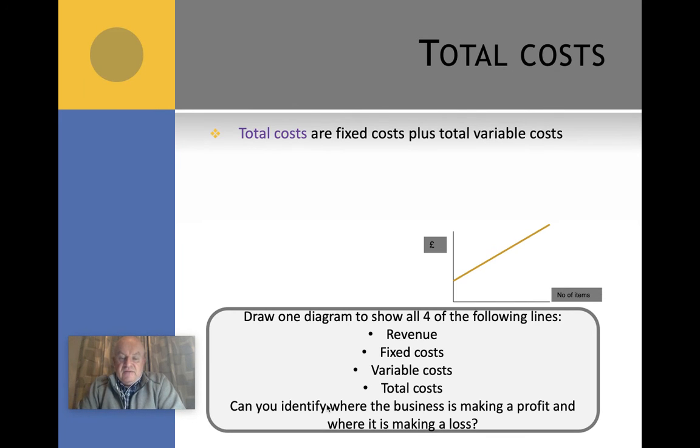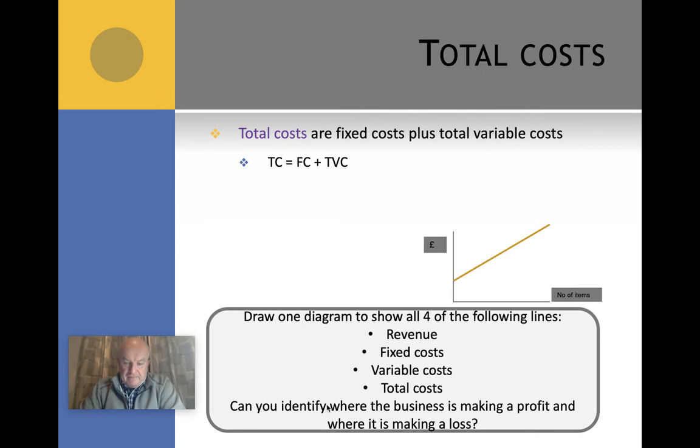Okay, and that gives us the total cost of producing the goods and services that we are selling. So in a formula, total cost equals fixed cost plus total variable cost. And you could also put total fixed cost, TFC, plus total variable cost to give our total cost overall.